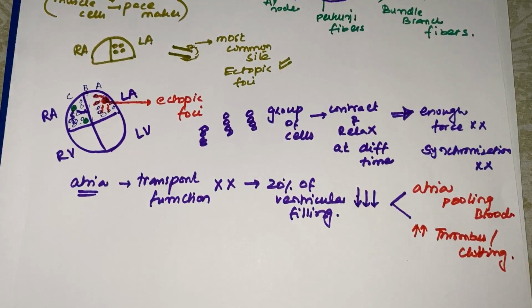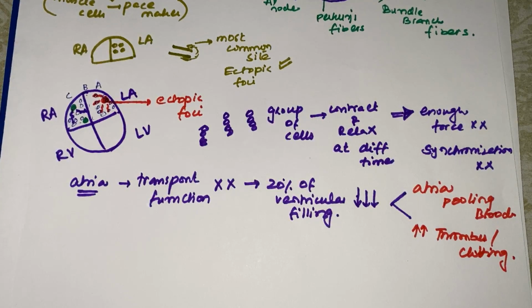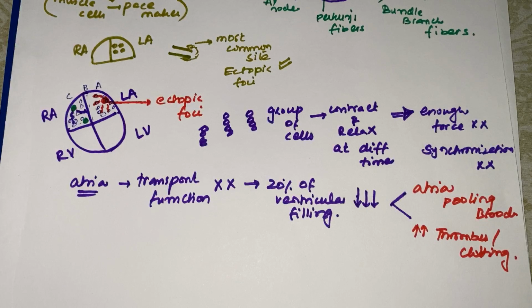Now it is a very important concept that in our body, wherever the blood is pooled, wherever the blood is undergoing stasis, is stopped somewhere, or its flow is reduced, there is an increased risk of formation of thrombus and clotting to occur there.